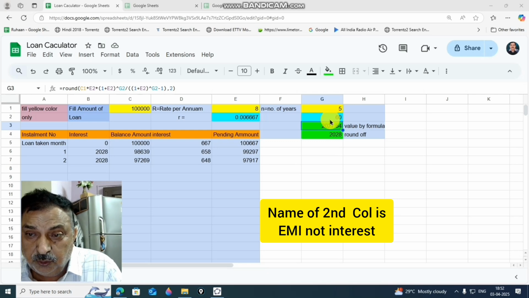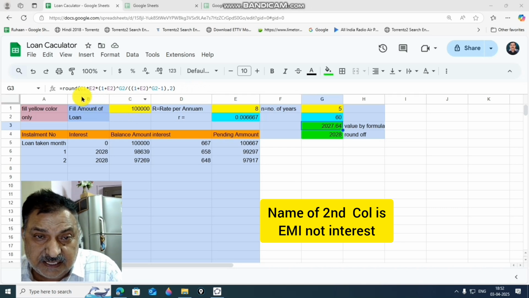Now we use the EMI formula: principal C1 into small r, the value of E2, into 1 plus r power n, where n is 60 (G2), divided by 1 plus r power n minus 1. We have used this formula and rounded values up to 2 places.